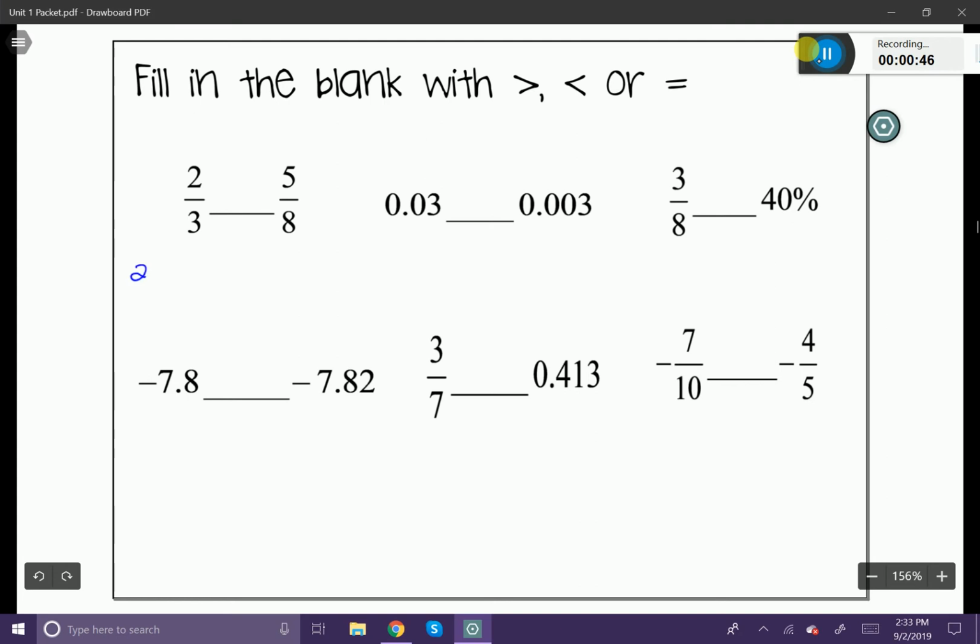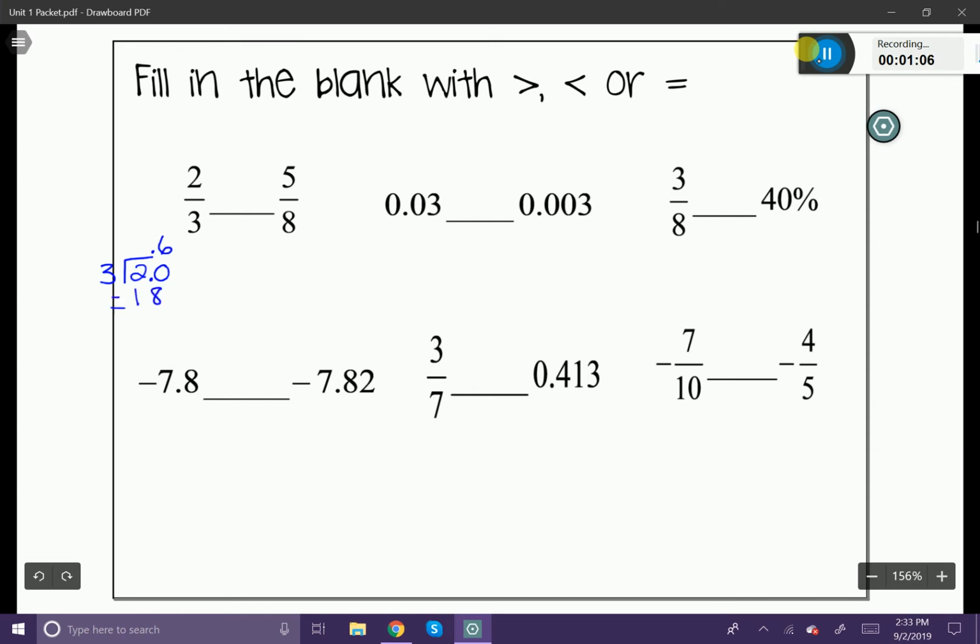So 2 divided by 3. Here's how you do this. 3 does not go into 2, meaning we need to put a decimal here and here. Let's go ahead and add a 0. 3 goes into 20 6 times. So I'm going to go ahead and put a 6 up at the top. 6 times 3 gives us 18.